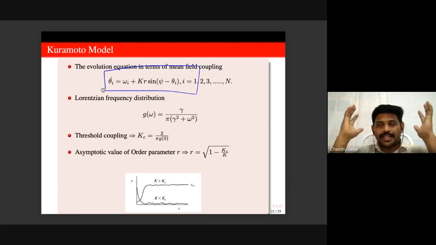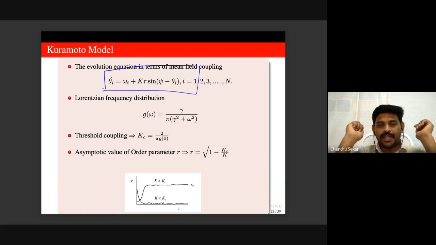And once he transformed the original equation into a mean field equation, he used a Lorentzian frequency distribution in the model and identified the threshold coupling above which the system shows synchronization behavior.